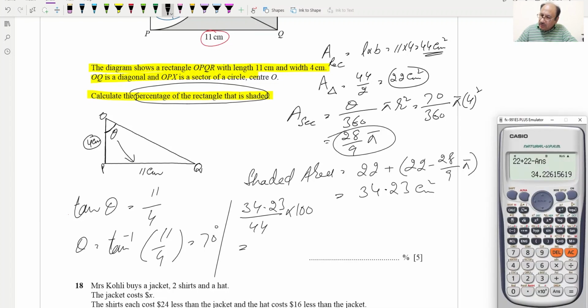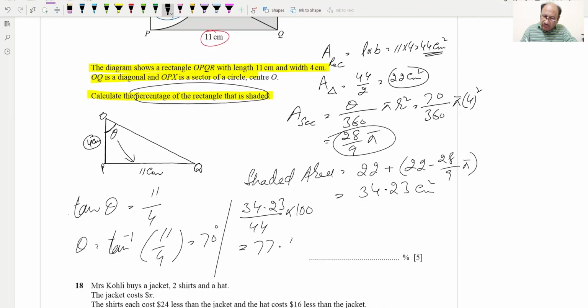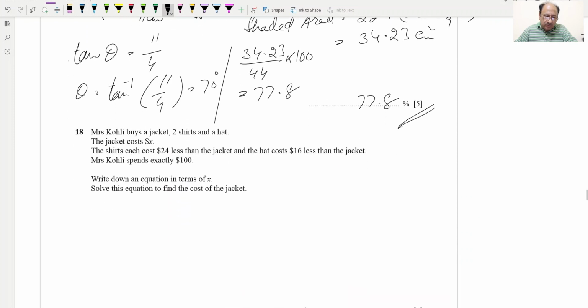So this answer divided by 44, multiplied by 100, and we will get 77.786, or we can write 77.79, or up to 3 significant figures it will be 77.8. So this will be 77.8%, and this is the 5-mark question which we have done.